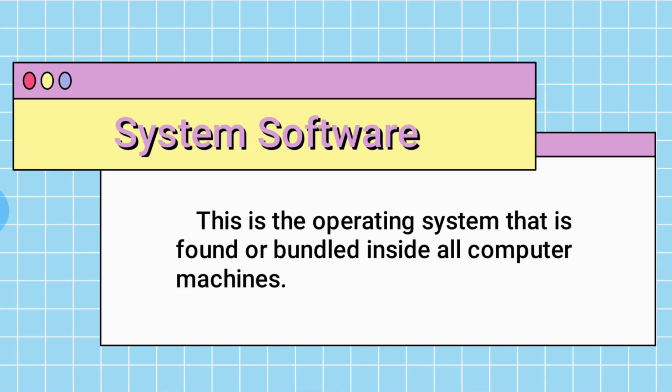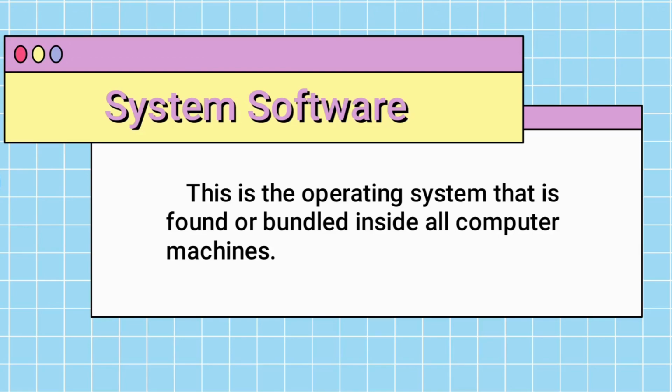System software is the operating system that is found or mounted inside all computer machines. When we say system software, it is built in. In other words, it sets the rules in how computer hardware and application software work together and controls the operating system of the computer.